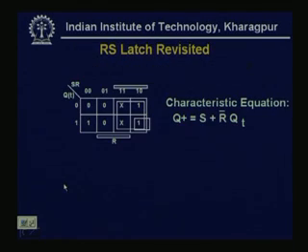Now, from this input and output truth table, always we can draw a Karnaugh map of that.